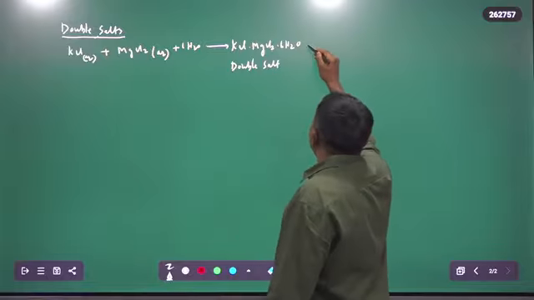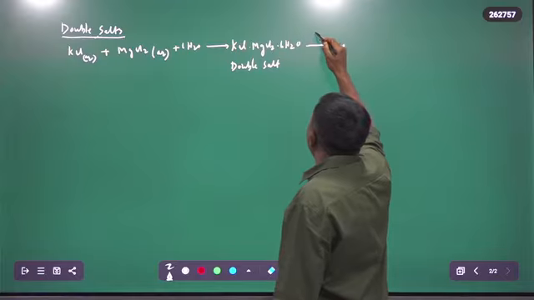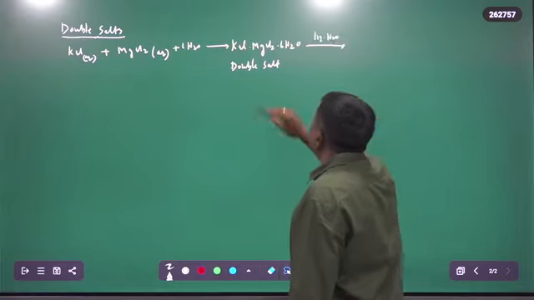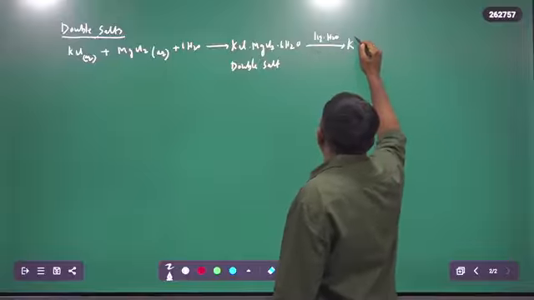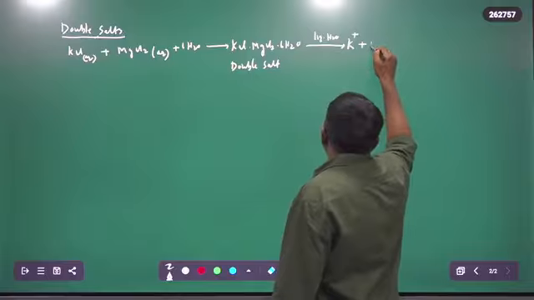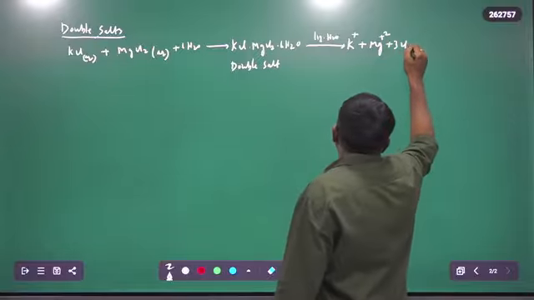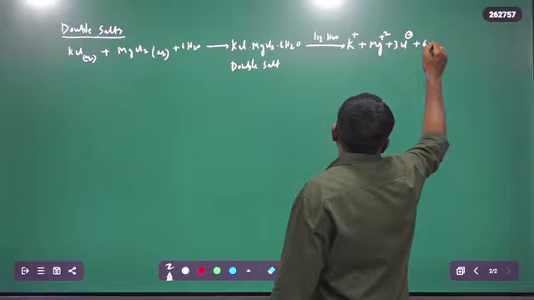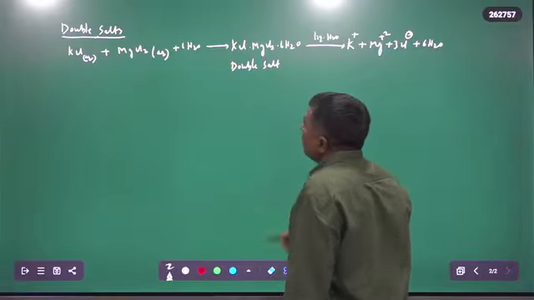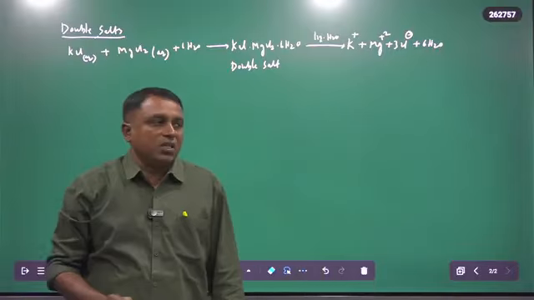When dissolved in water, it dissociates into K+, Mg2+ and 3 Cl- ions along with 6 moles of liquid water. This is what happens with double salts.